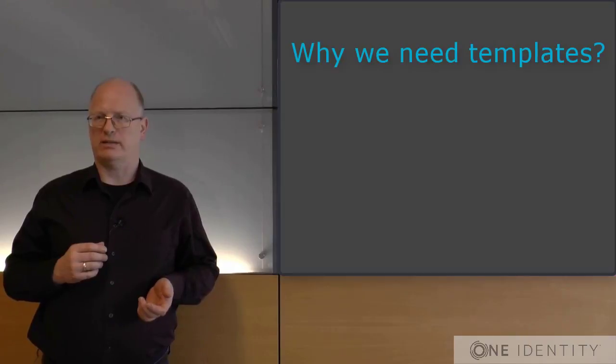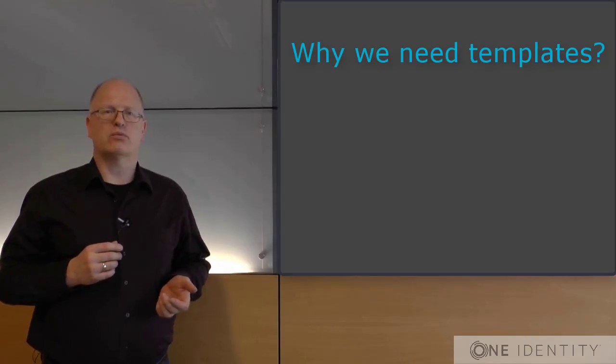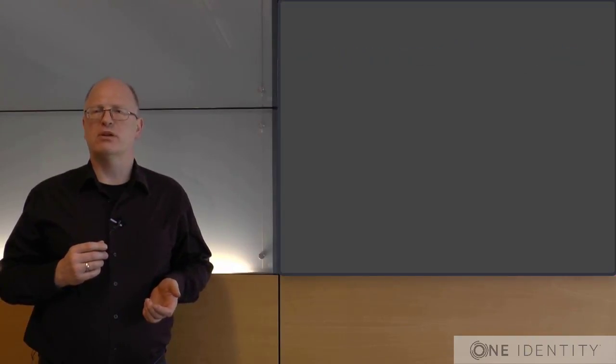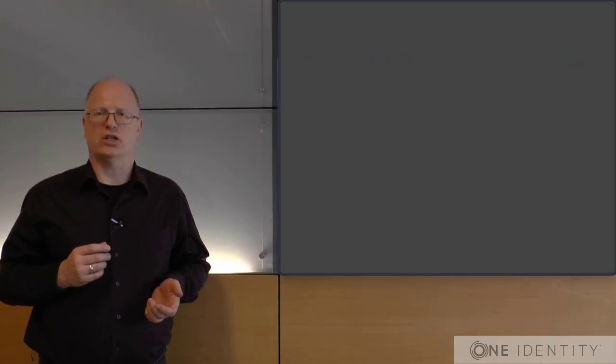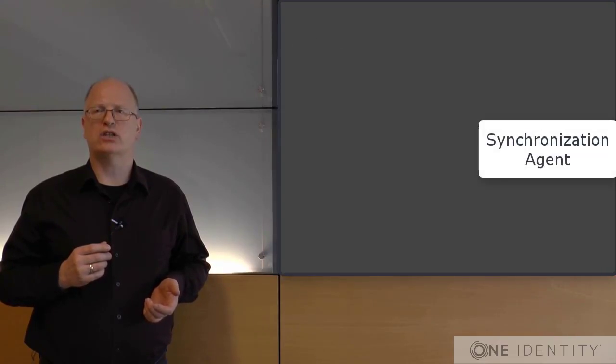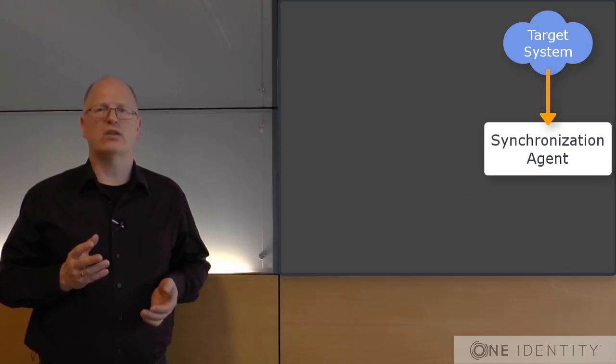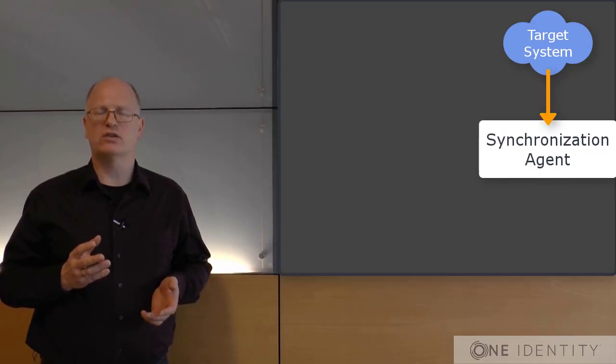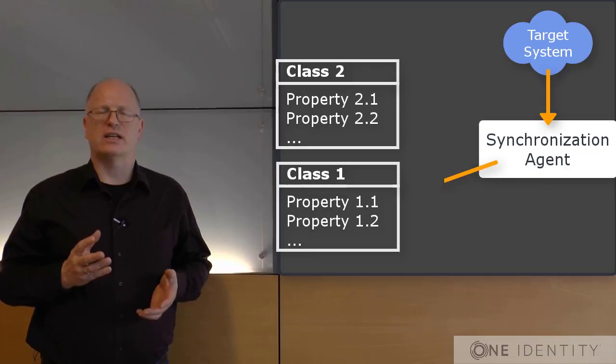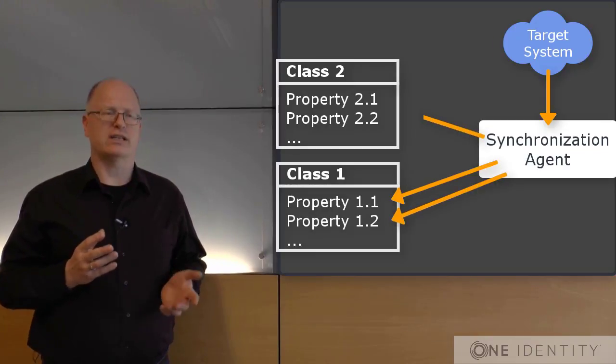Why do we need templates? In other products, a lot of intelligence is implemented in a synchronization agent. That means the synchronization agent takes data out of a target system, generates new data on the basis of some implemented rules, and stores this data later in related data objects in a data store, like an LDAP or a database.